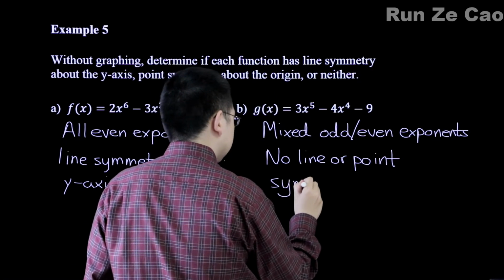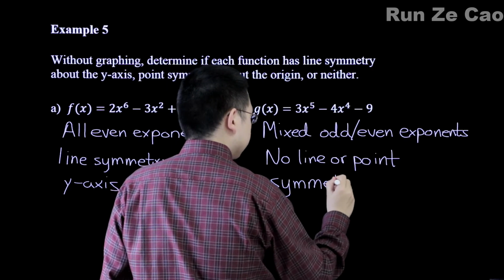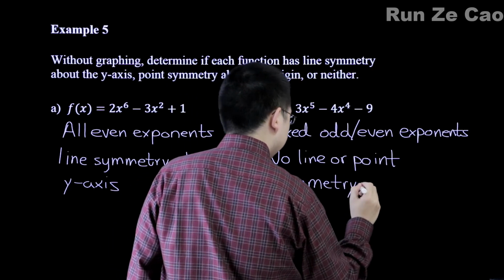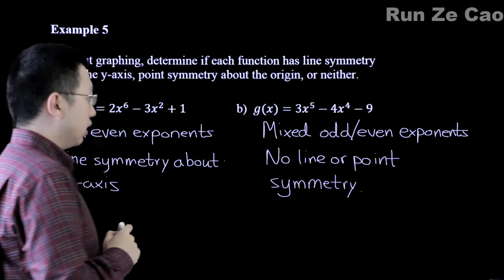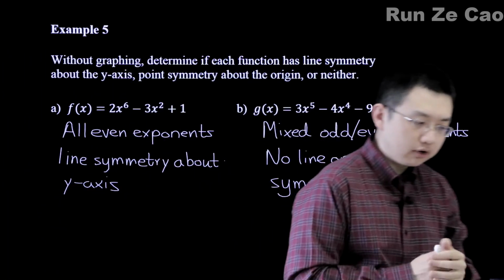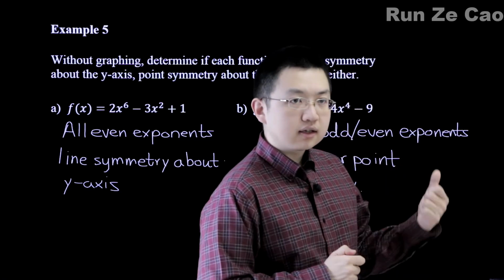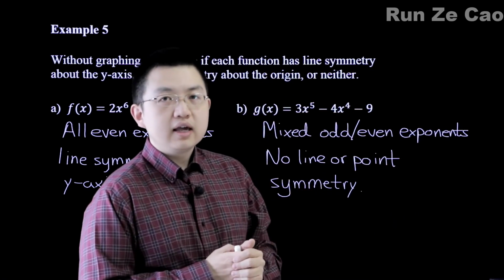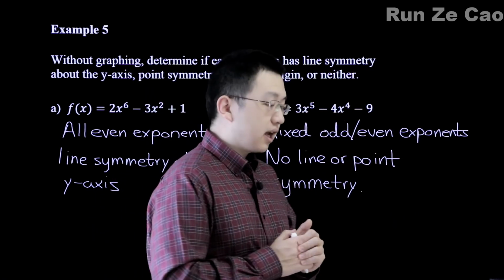Now here I'm claiming that there's no line or point symmetry. Why can I make this claim when earlier I had to say, there's no point symmetry about a particular point? Well, I'm going to make this claim because of a reason that we're going to learn very shortly in the next section.